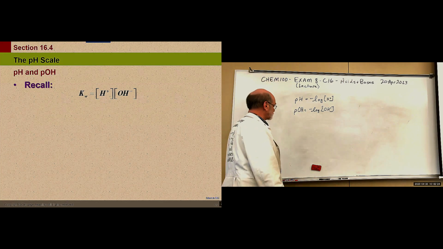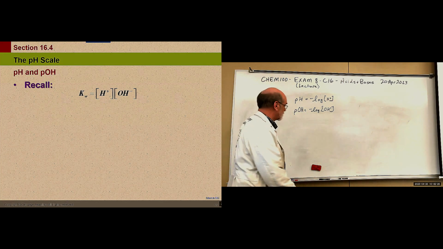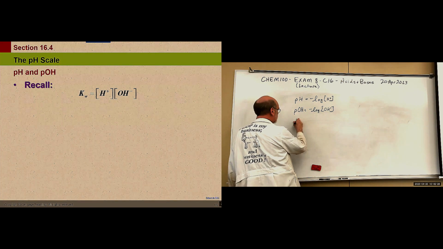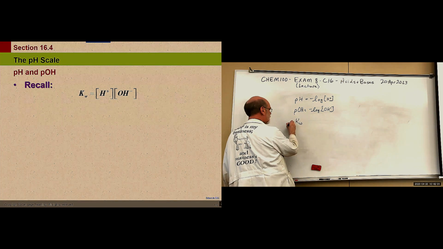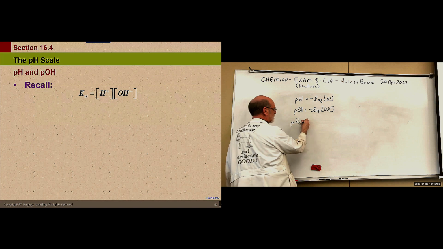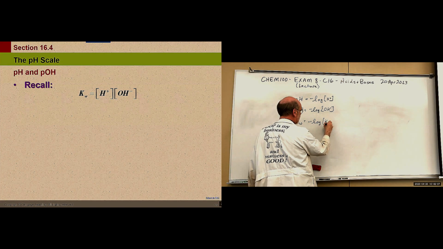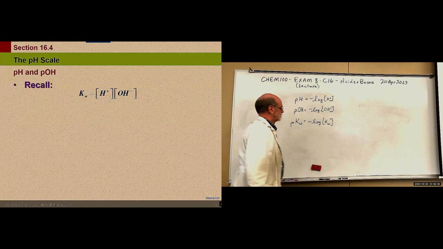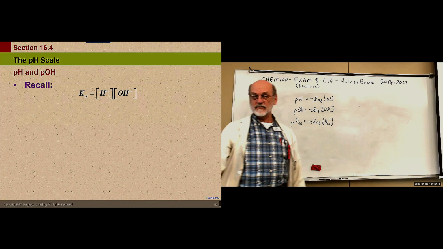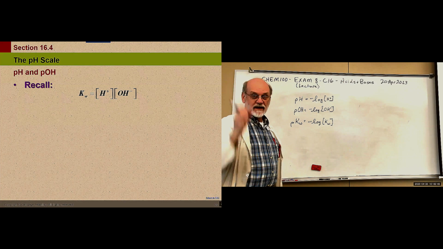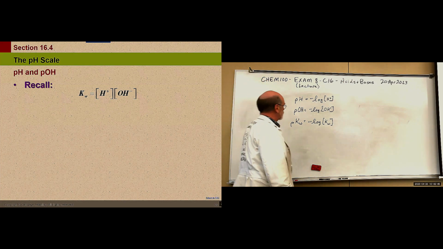All right. Here's another one. Suppose we have Kw. We can do pKw. That's the negative log of Kw. Okay, that's perfectly valid. What's the expression though for Kw?